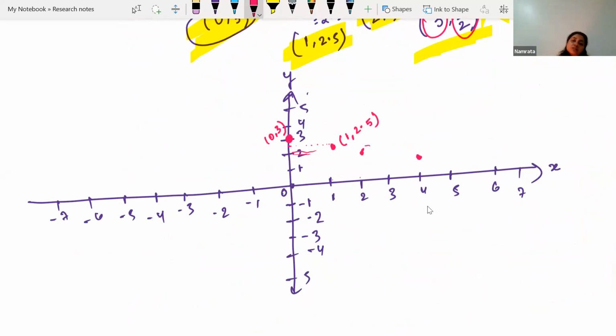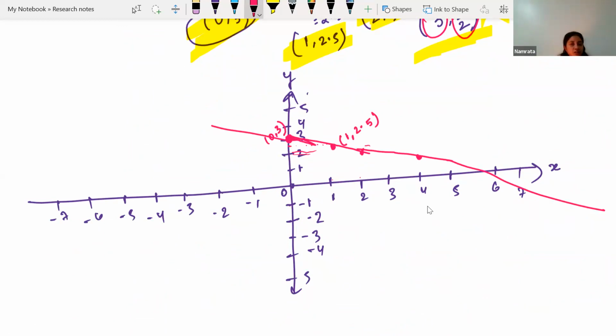That's why before this chapter we discussed the concept of coordinate geometry, so that you will be able to locate the points very easily, and then we can join all of them together with the help of a scale. You will see that we are getting a straight line.